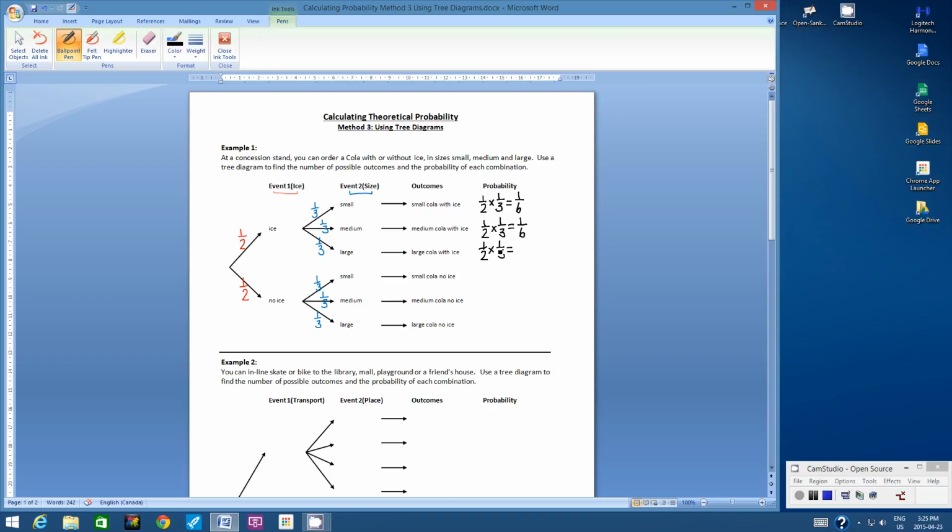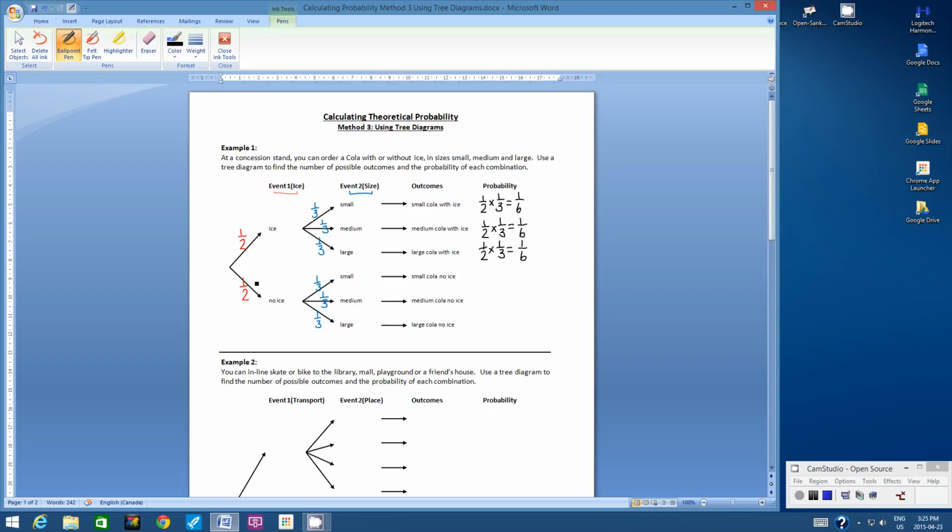So we've seen this multiplication statement before. 1/2 times 1/3 is 1/6. So there is 1/6 chance, 1 in 6 chance of ordering a large cola with ice. Okay, so I'm wondering if this pattern is going to stay the same as we go to the bottom set of branches. So now for the next outcome, we have small cola, no ice.